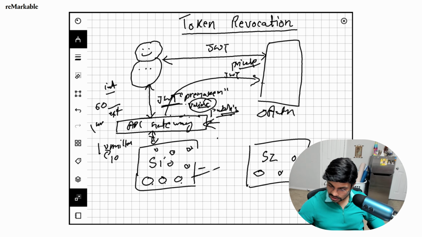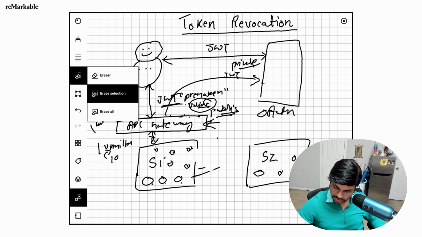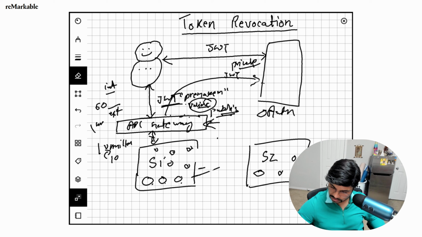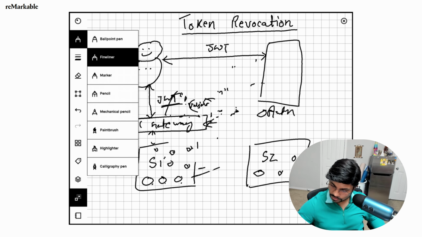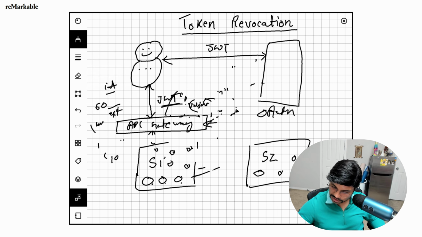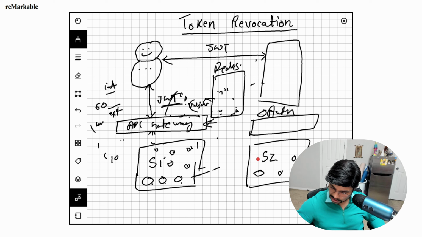The second way is a Redis way. So how would you do that? Let's clean this again. The Redis way of doing this is, whenever tokens get revoked, you can put them in a clustered Redis. So whenever the local validation is happening at service 1 or service 2, their API gateway or the service would connect to this Redis.